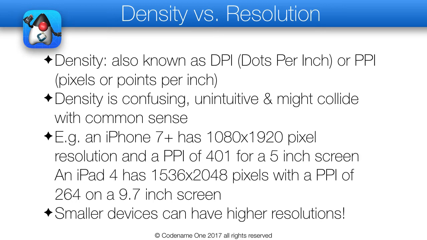There is a difference, a few hundred pixels obviously, but it's not as much as you'd expect. And the reason is the iPhone is far more dense than the iPad. When you take a device that's a tablet and a device that's a phone, usually people expect the tablet to have far more pixels, and that's not always true.